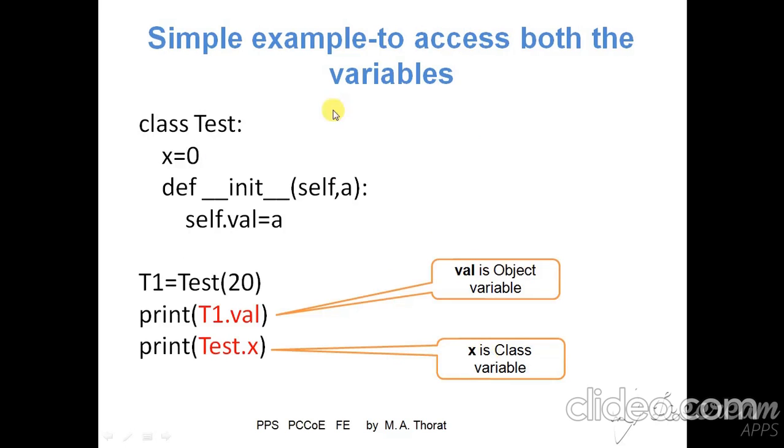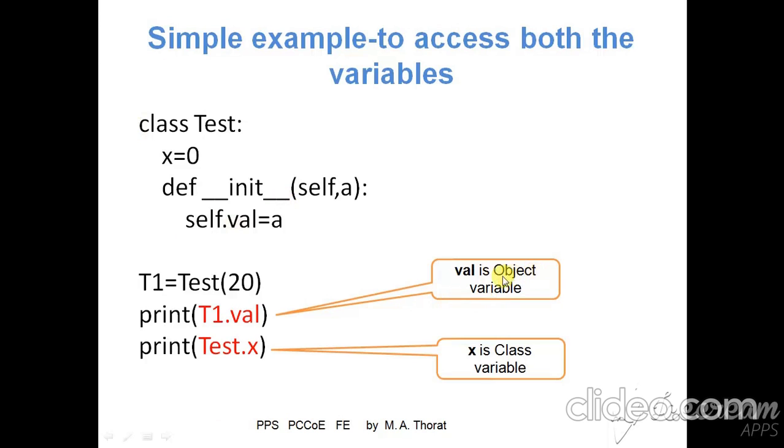In the same example, in continuation, we have written this code. First an object of this class is created, t1 equal to Test(20). This means that implicitly it will initiate a call to the init method. The value 20 will be stored in a and then that will be assigned to val. Now how to access the object variable?